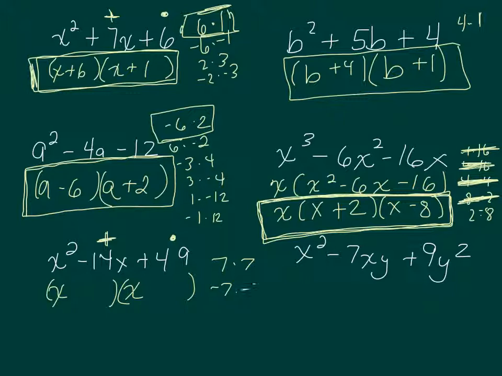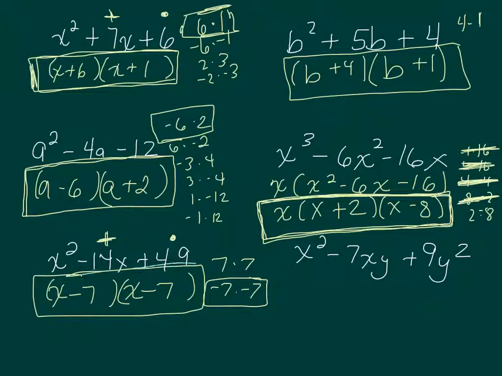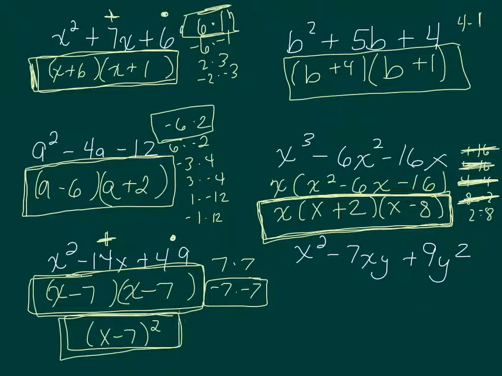Negative 7 times negative 7 is 49. And I notice that negative 7 plus negative 7 will give me negative 14, so x minus 7 and x minus 7. We can leave it this way, x minus 7 times x minus 7, but sometimes the cool kids will write this as x minus 7, squared. So either way, either one of these is perfect.